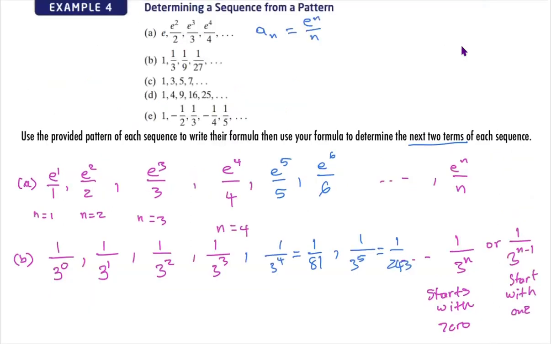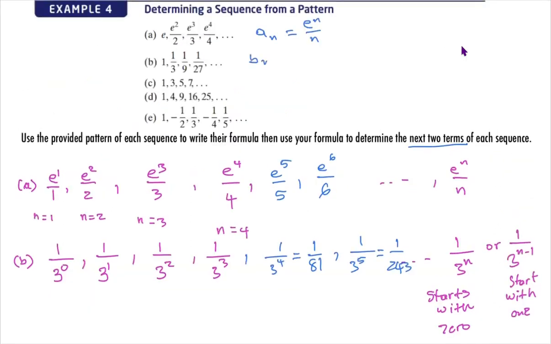So the formula here is Bn equals 1 over 3 to the n minus 1, and n would start taking values from 1.